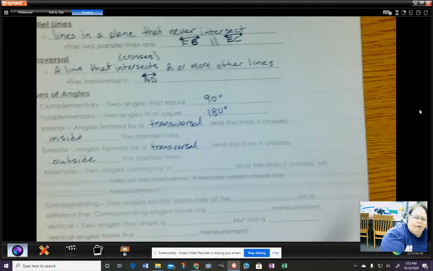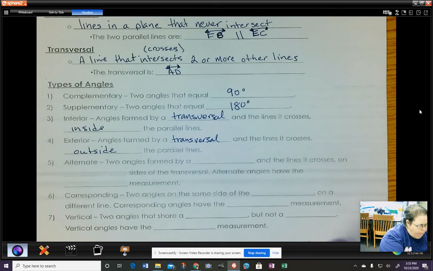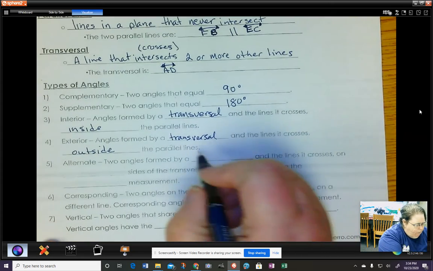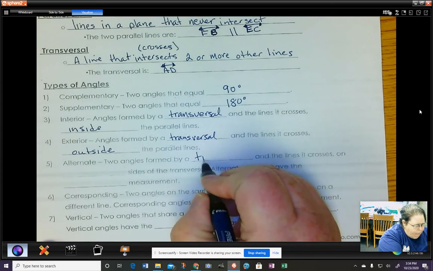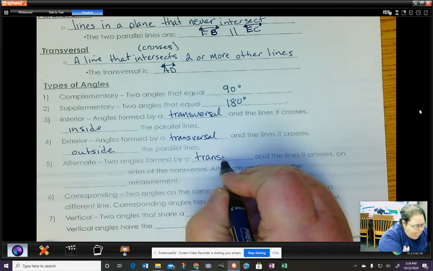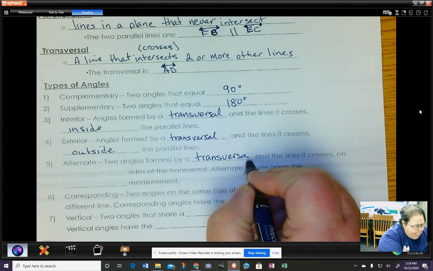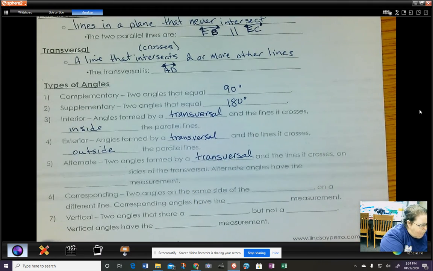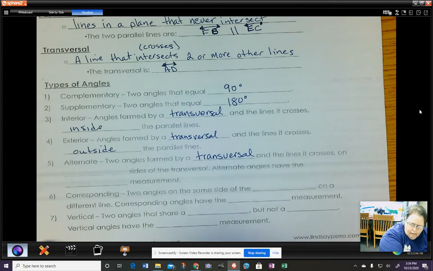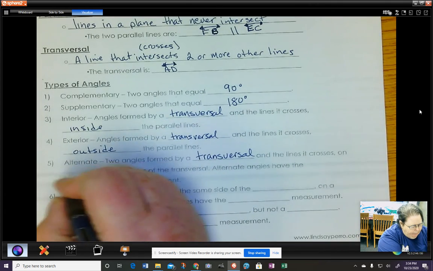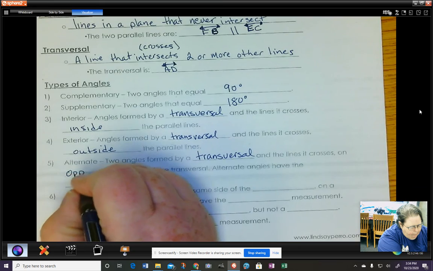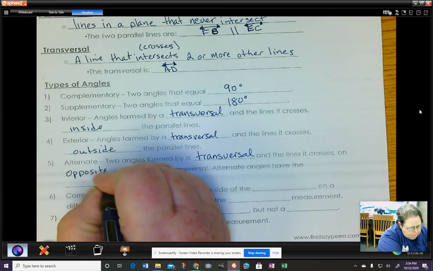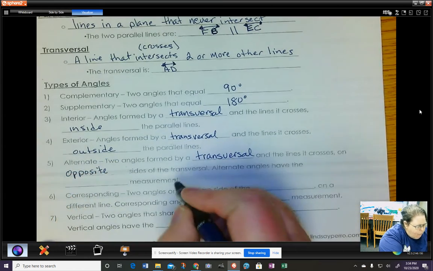Okay, number 5. Alternate. What does alternate mean? Well, it means every other one, doesn't it? So two angles formed by a transversal and the line it crosses on opposite sides of the transversal.